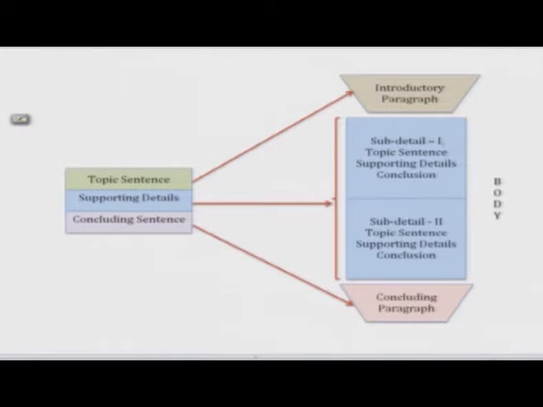Needless to say, each paragraph again has a very similar structure: topic sentence followed by supporting details or expansion of the main idea, and then the conclusion. Concluding sentence of a paragraph is usually very similar to concluding paragraph of an essay, where you sum up things and you bring the discussion to conclusion. So, therefore, structure of a paragraph and structure of an essay, they are very similar.